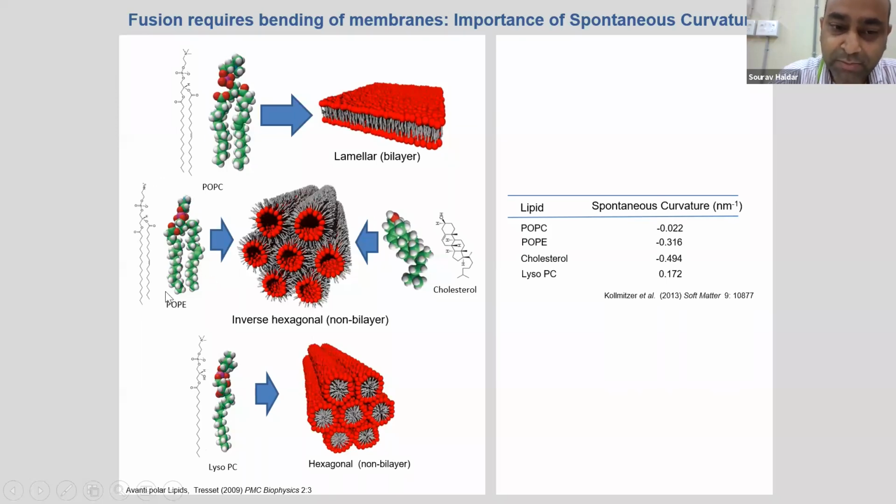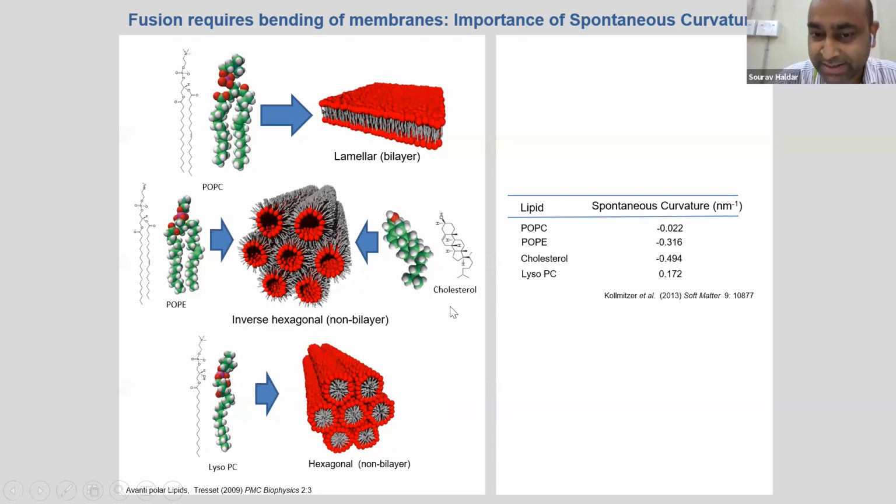Now, when these kinds of molecules pack, their natural tendency will be to pack in a particular orientation, and that is known as inverse hexagonal phase or a non-bilayer phase. Unlike phosphatidylcholine, which will always form a lamellar bilayer phase, phosphatidylethanolamine under certain conditions will form an inverse hexagonal phase.